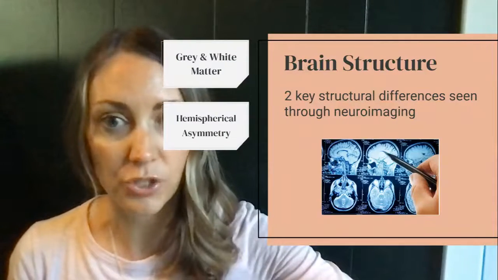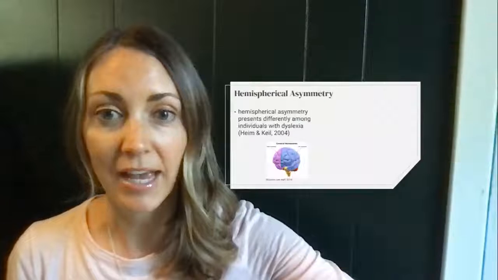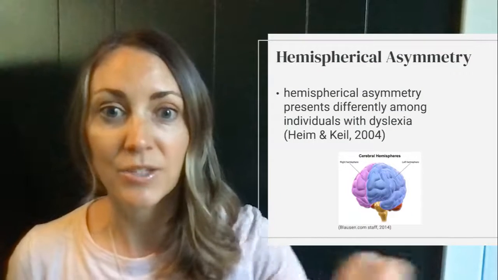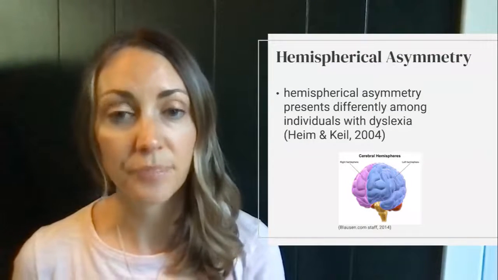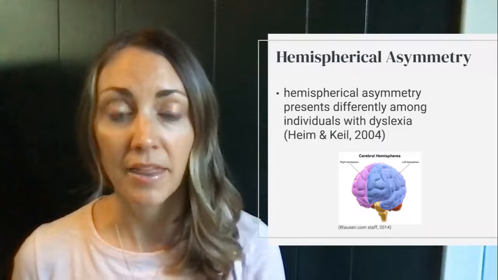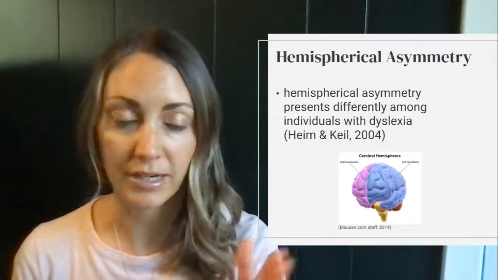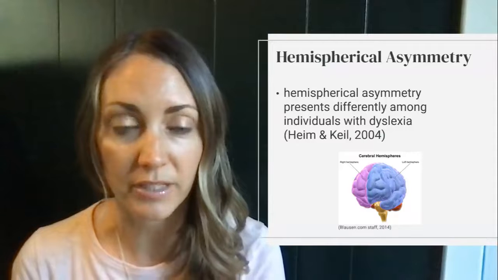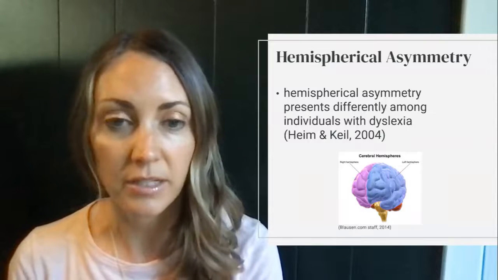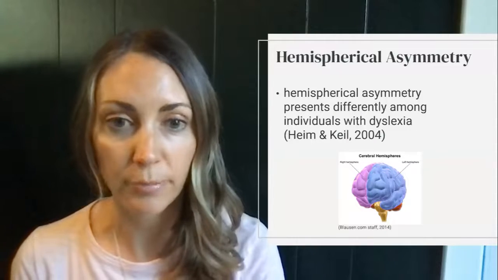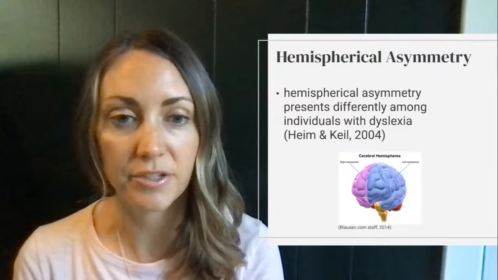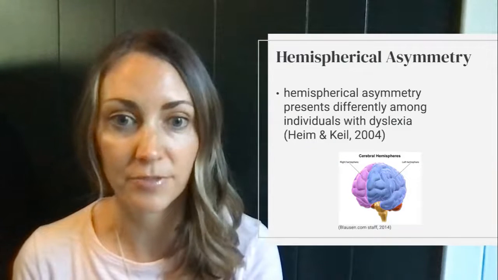So the other key structural difference is hemispherical asymmetry. There was this really interesting study. Actually, I'm going to guide you to this picture really quickly. This image right here is an image of the brain taken from the front. You're going to see that there's a left hemisphere and a right hemisphere.